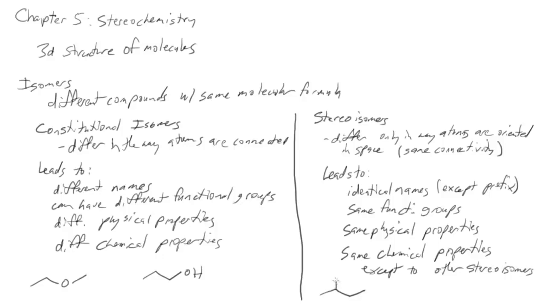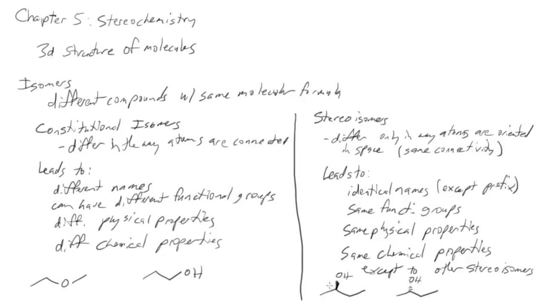An example of a stereoisomer would be an alcohol with the hydroxide coming out versus this alcohol with the hydroxide going back. All of the bonds are in the same places: 4 carbons in a row, and an alcohol coming off the second carbon. There's one hydrogen on that carbon, there's one hydrogen on this carbon.